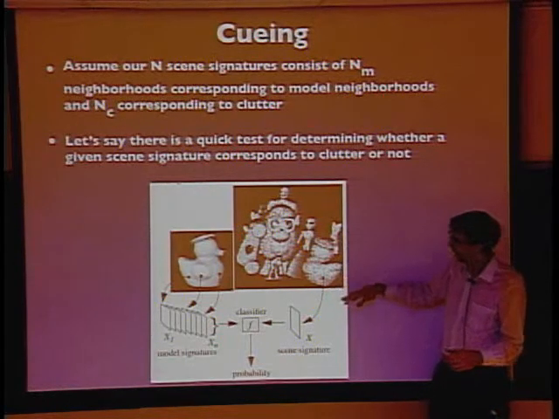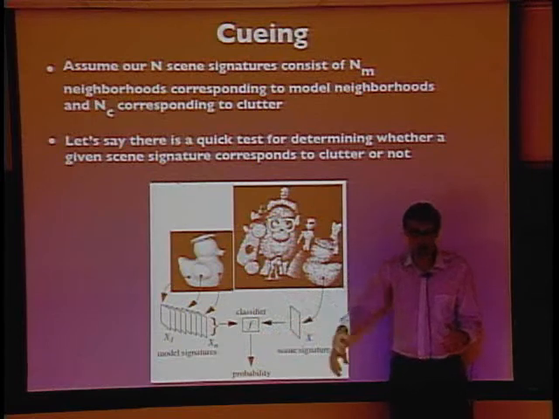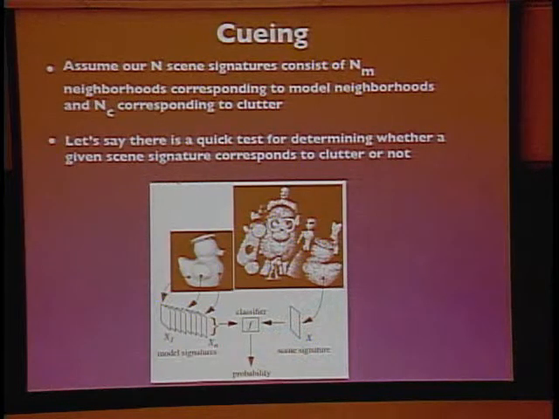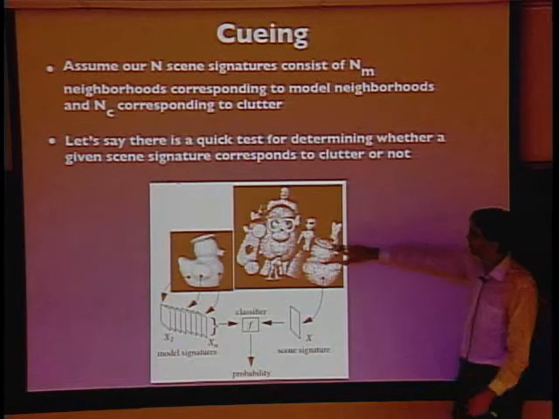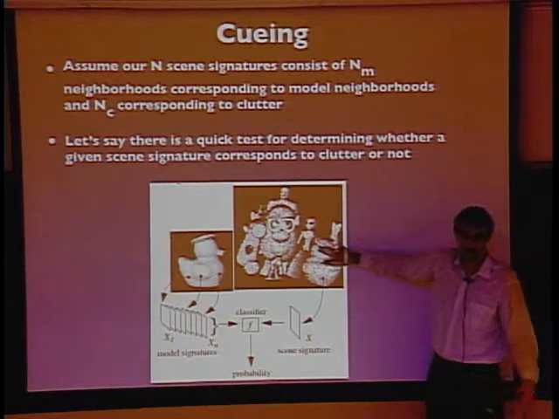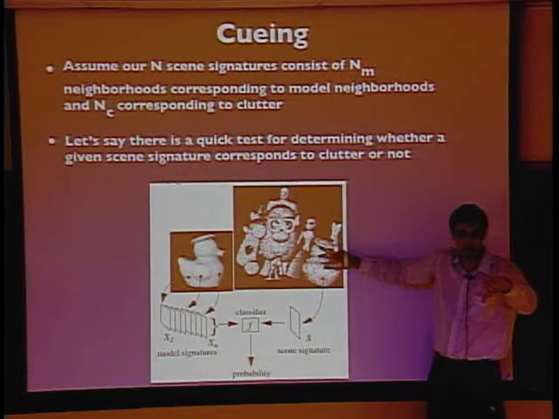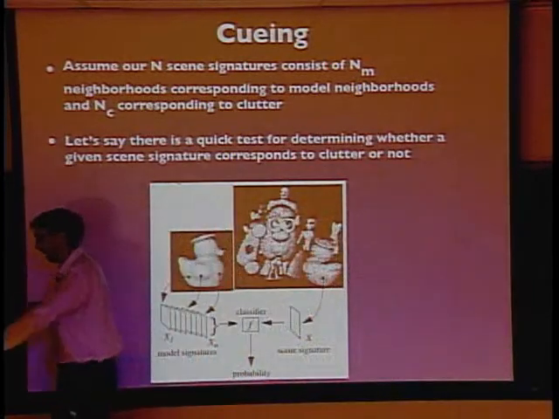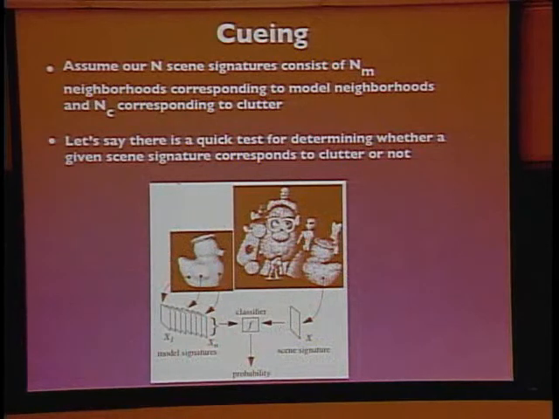Because what's going to happen after you do this classification is that you're going to do something longer, more time-consuming, more rigorous to determine if that point actually corresponds to something on your object. But if you make the other kind of mistake of saying that points that are really on my object of interest actually are not and get thrown out, then you're in bigger trouble, because you can't vet that decision by doing any kind of later process.